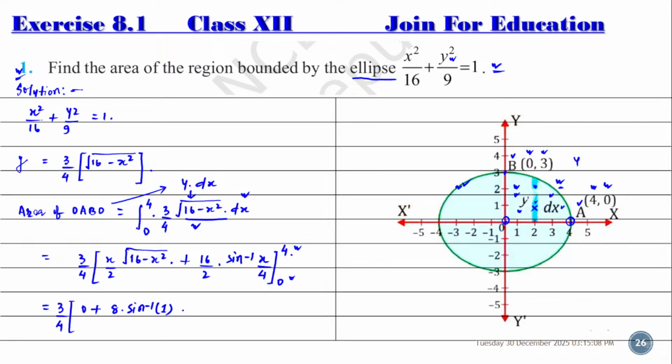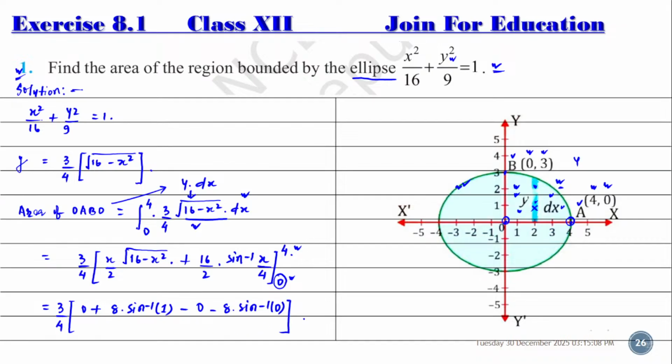When we subtract the lower limit, then this term will be 0 and the value of sine 0 is also 0. So here will be 0 minus 8 into sine inverse 0.